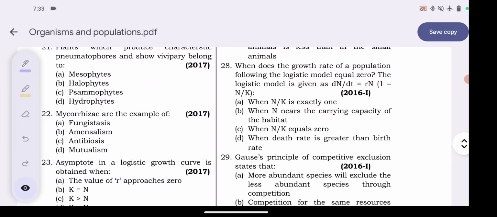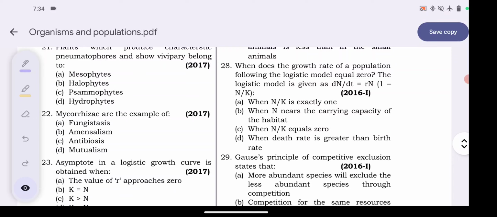Question number 28. When does the growth rate of a population following the logistic model equal 0? The logistic model is given as dN/dt = rN(1 - N/K). Here it is asking at what time the growth rate of a population in the logistic model will be equal to 0. Option A, when N/K equals exactly 1.